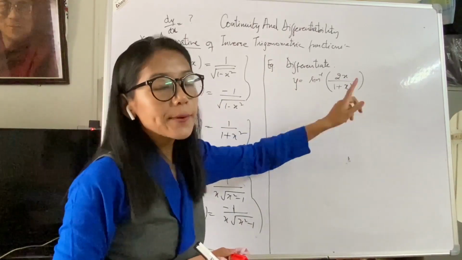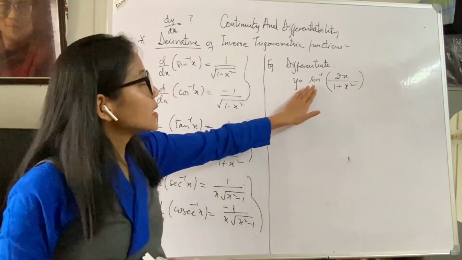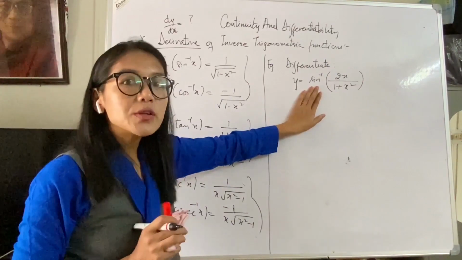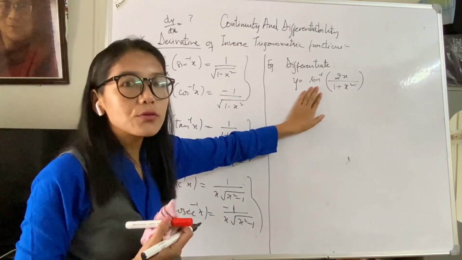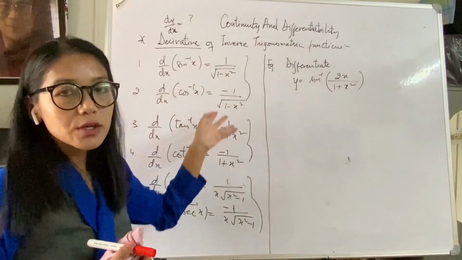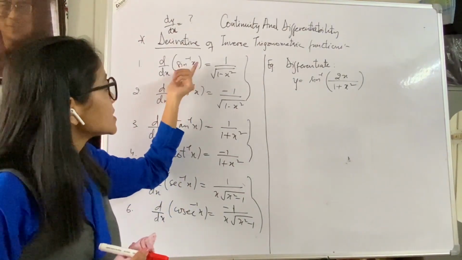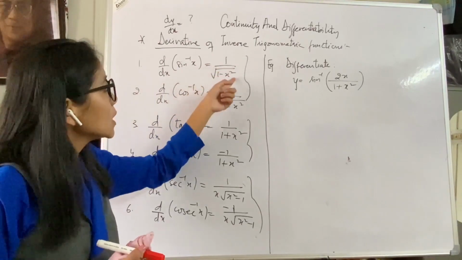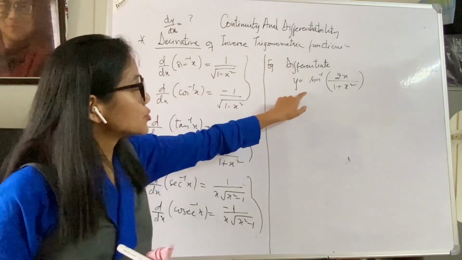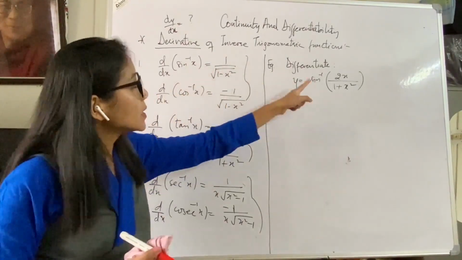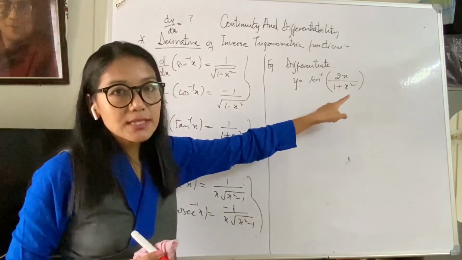You are given this. Now since the given function is in terms of an inverse trigonometric function, you may think that you have to apply one of these formulas. My function is in terms of sine inverse, where my angle here is 2x upon 1 plus x square, right?